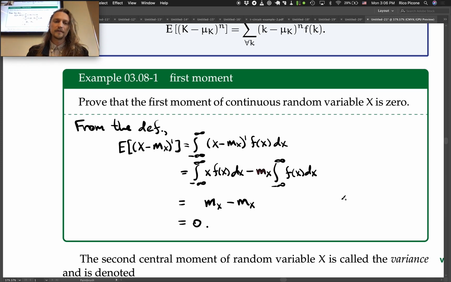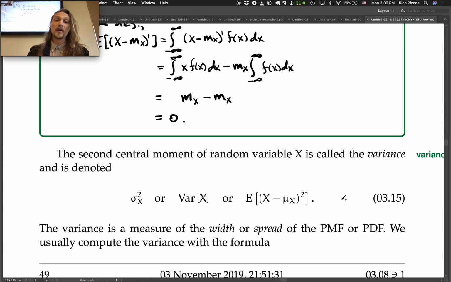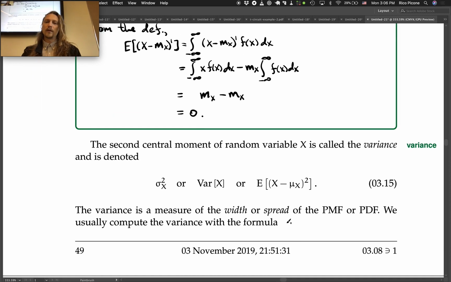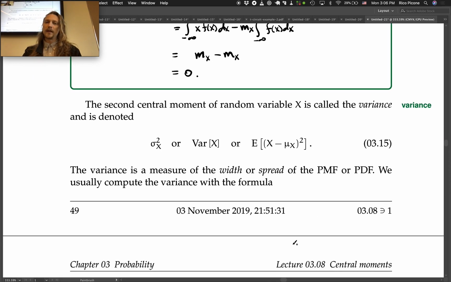For everyone. The second central moment of a random variable x is called the variance, and is denoted either sigma x squared or variance of x, or the expected value of x minus its mean, squared. The variance is a measure of the width or spread of the PMF or PDF.